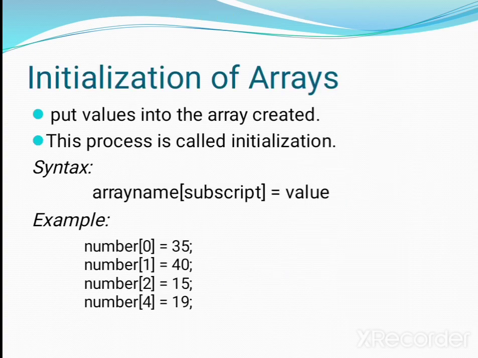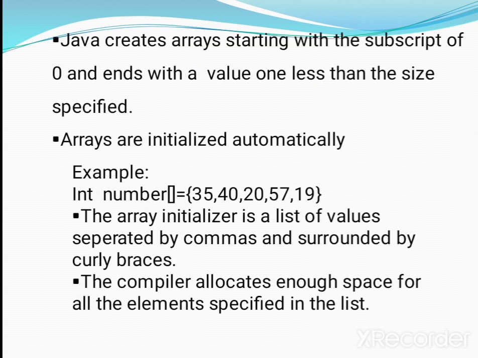Initialization of arrays. The final step is to put values into the array created. This process is known as initialization. Syntax: array name is the name of the array, subscript, and the values are initialized. Java creates arrays starting with the subscript of 0 and ends with a value 1 less than the size specified.